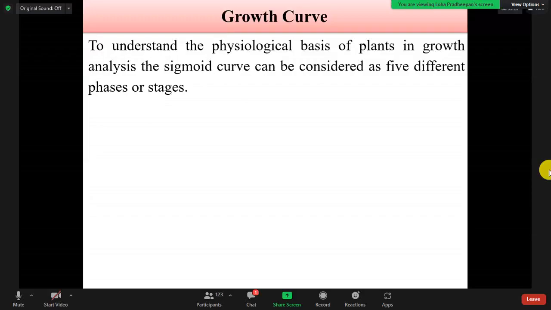The plant growth analysis is a collection of techniques we are using to measure plant growth quantitatively.